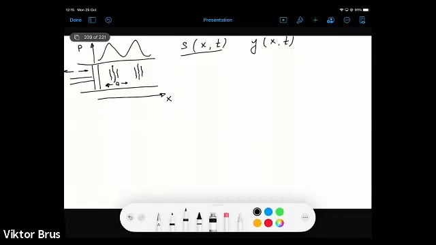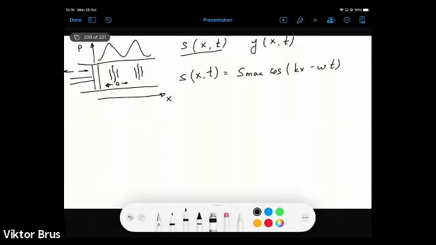So that's why we can write that for this displacement along axis x, let's call it s as a function of x and t, we can actually use the same form of the wave equation. It will be maximum displacement times cosine of (kx minus omega t). Obviously, we can add also the initial phase if necessary.